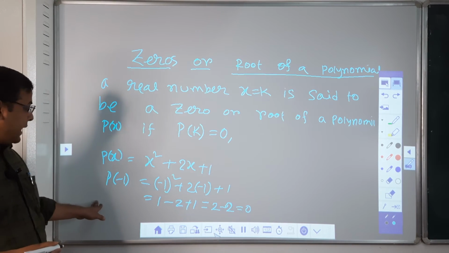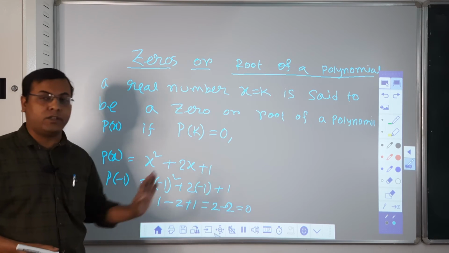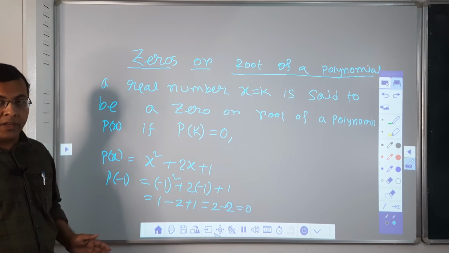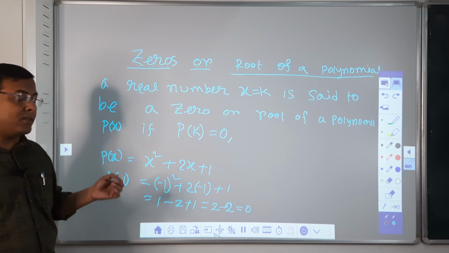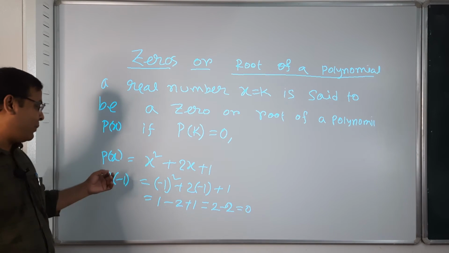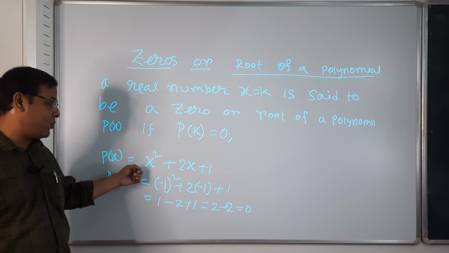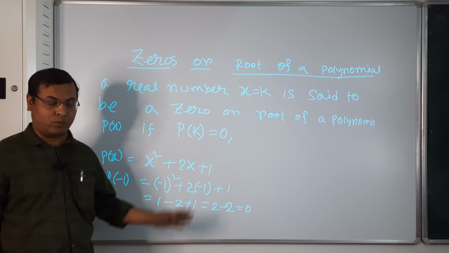So, here we see that p of minus 1 is equal to 0. That means minus 1 is a zero or root of the polynomial p(x) is equal to x square plus 2x plus 1.